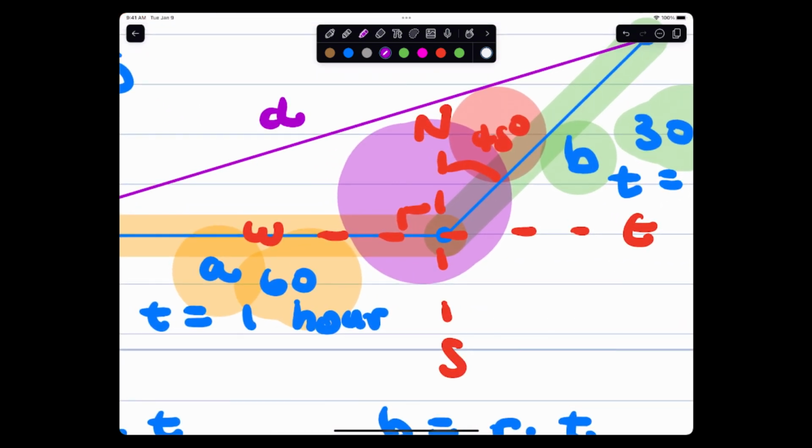How do you guys know that that angle has to be 135 degrees? Because you take the 90, the right angle, and you add it with what? 45. Is that true? Anyway, I just want to point that out.